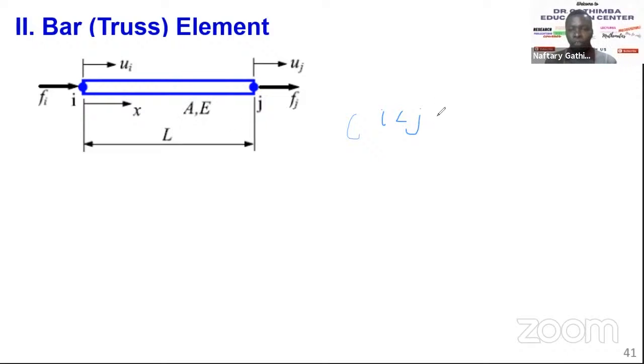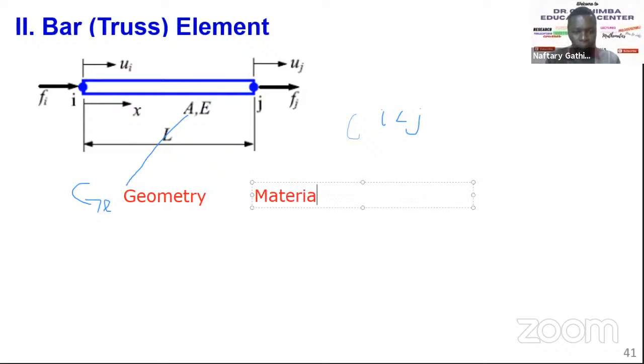So the cross-section of the bar is given. The other dimensions that we disregarded, the thickness and the breadth, are covered by the cross-section. A represents geometry, and E represents the material behavior.